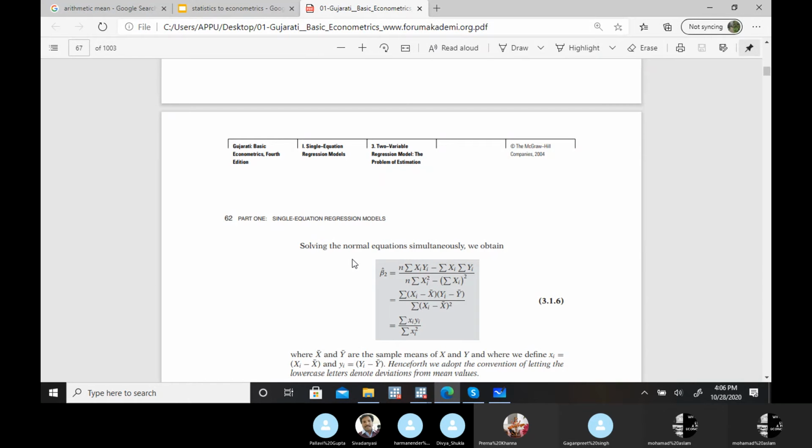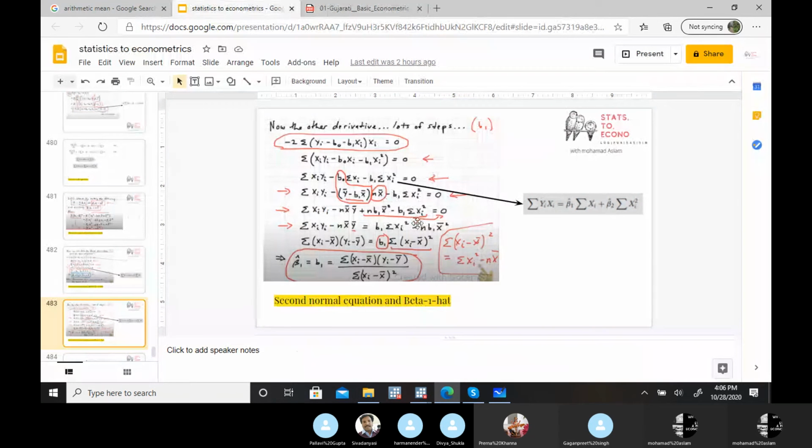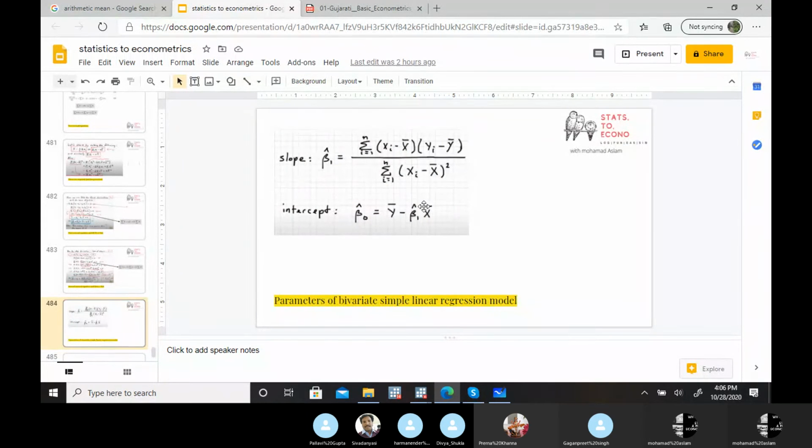So if you still have this doubt, then now you can ask. So these are the two parameters that we have estimated. Beta, this is an intercept coefficient and slope coefficient. These are the values we have now with the OLS method.